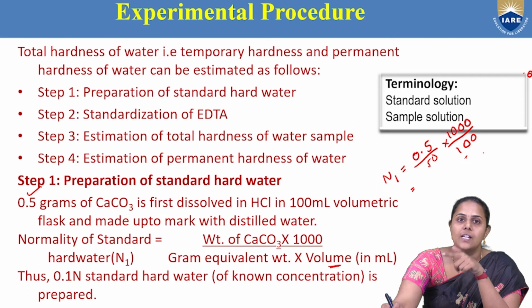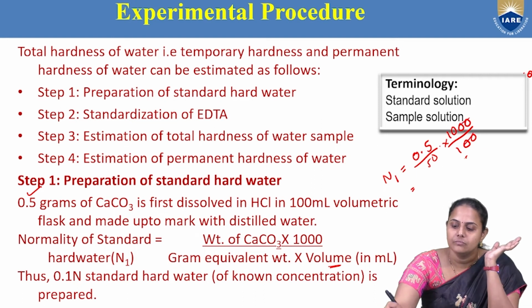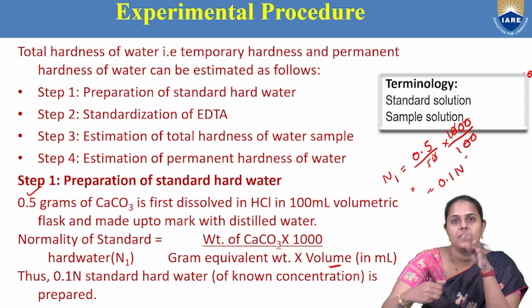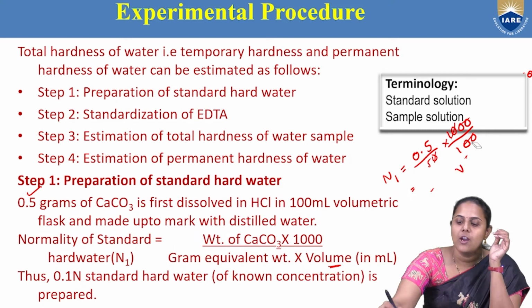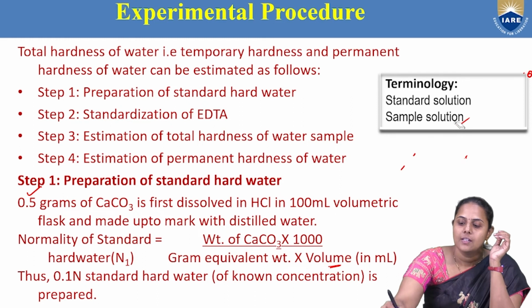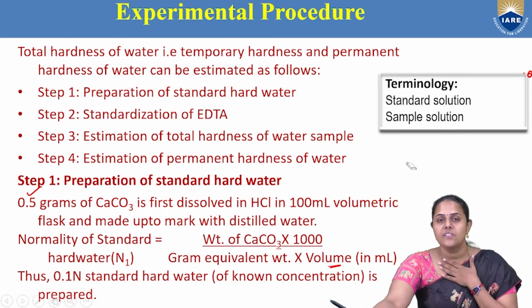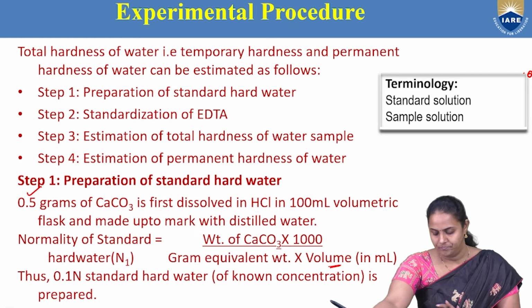That's why I have included 100. So it will be 0.1 normal. So 0.1 normal calcium carbonate standard solution we have prepared, which means I know the concentration of this solution.